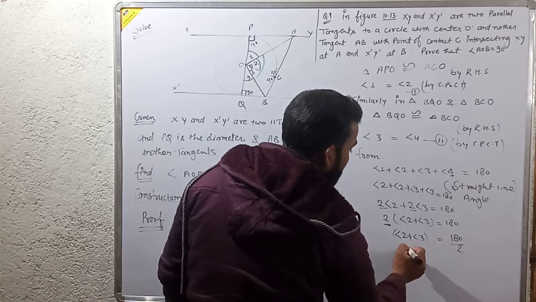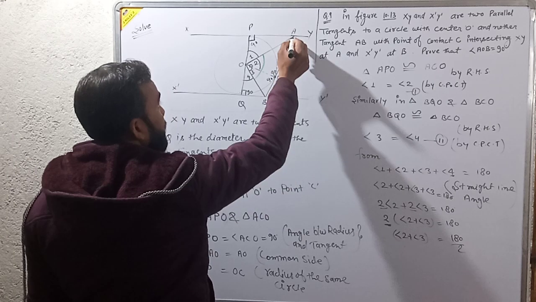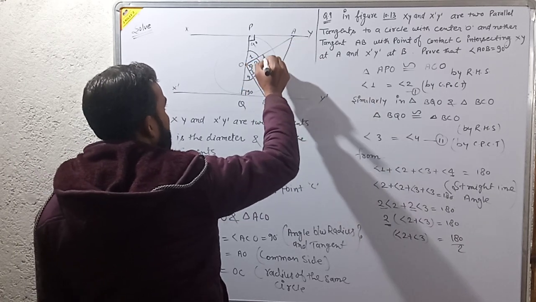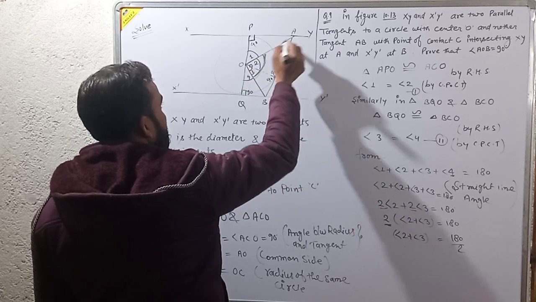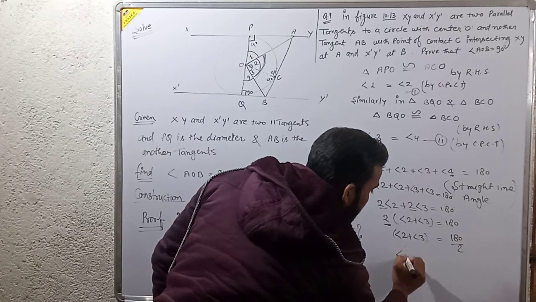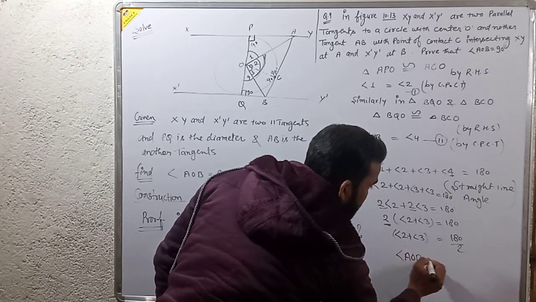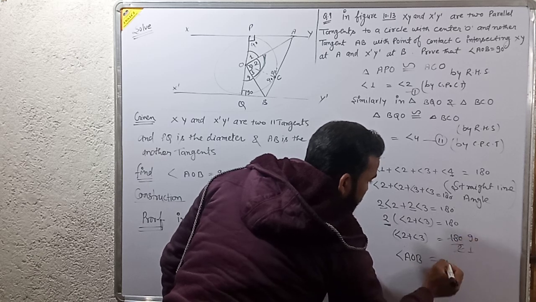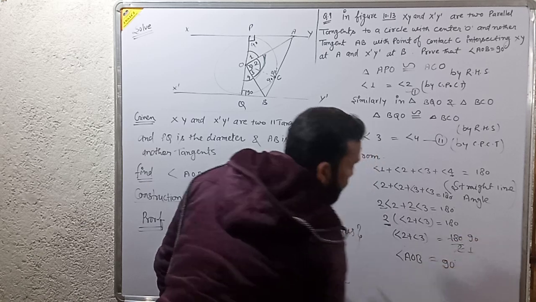Angle 2 plus angle 3, that means AOB. So angle AOB is equal to 180 divided by 2, that is 90 degrees. Hence proved.